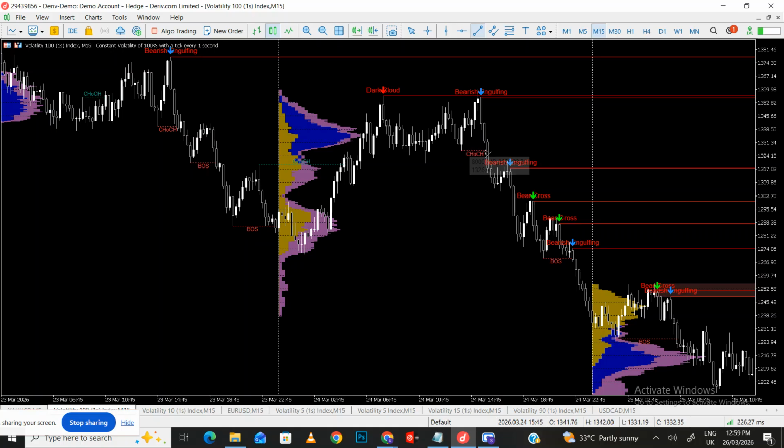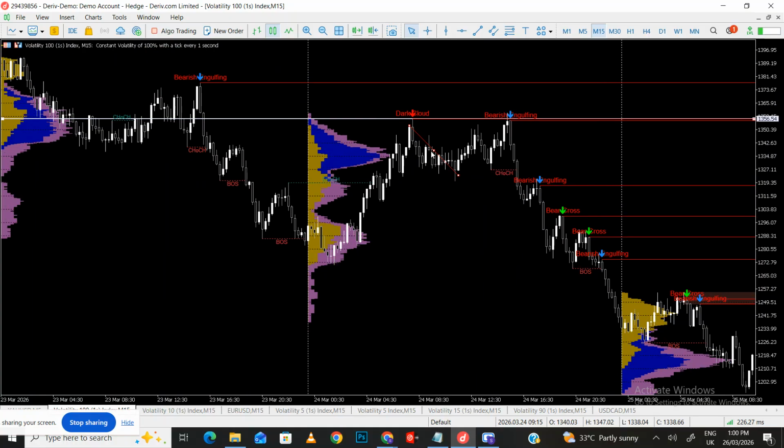If you don't want to wait for a market structure shift, let's say you don't want to wait. If the dark cloud has indicated that the market is going to sell right here, then wait for the market to go down, because the market will always come back to the level of this dark cloud before dropping, and that is what happened here.